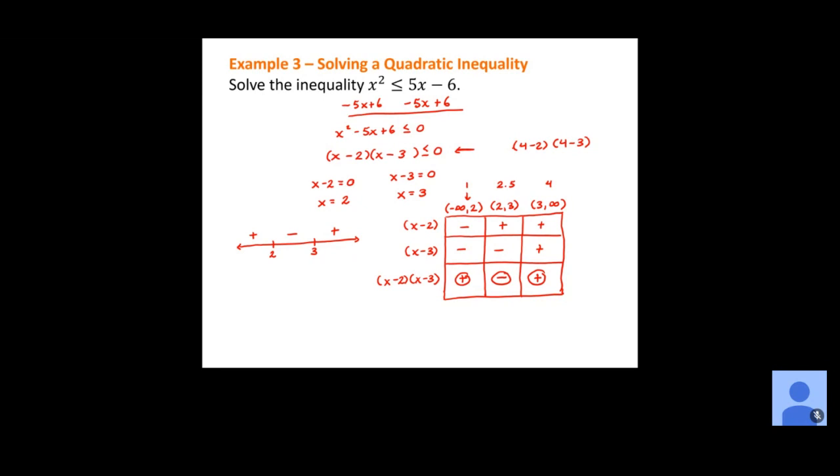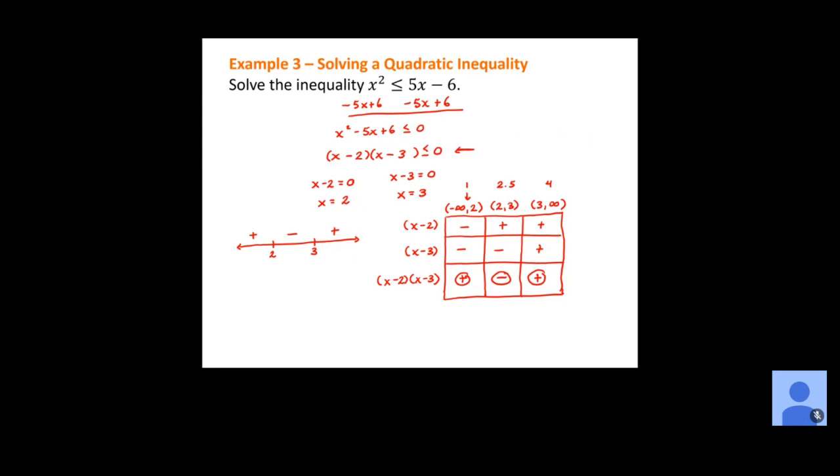That's where I'm getting the signs for the number line. Now, do we care about positive or negative values in this case? So look back at your inequality. Do we want the values to be positive or negative? We want them to be negative, right?